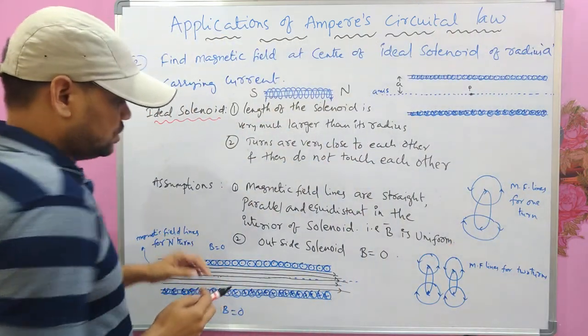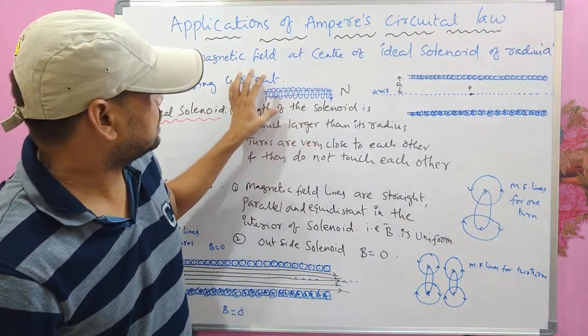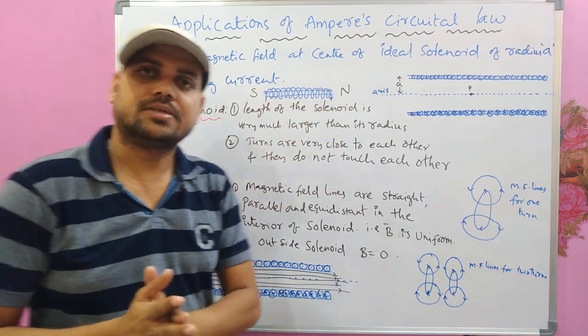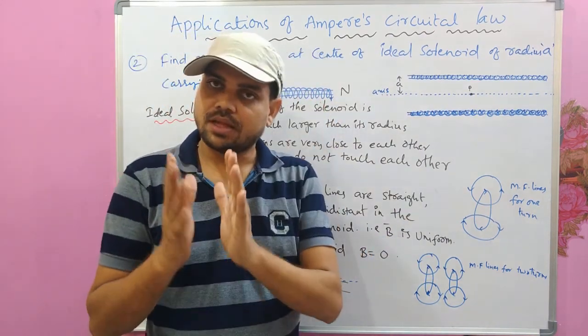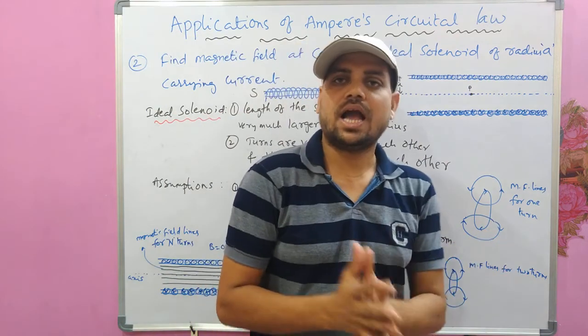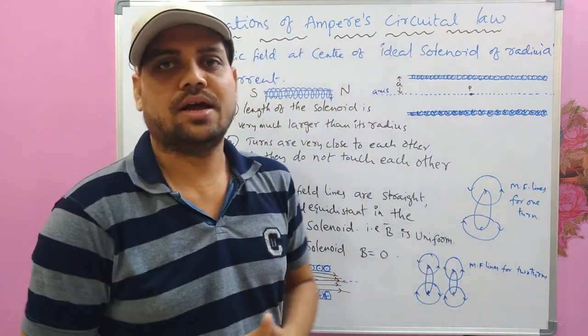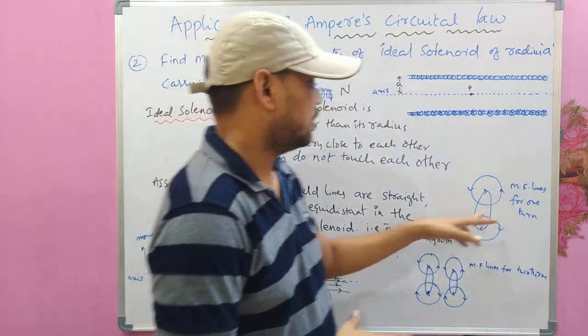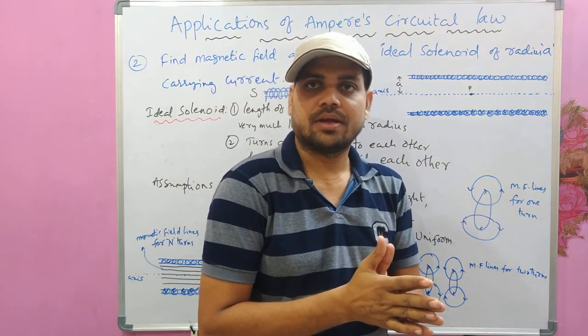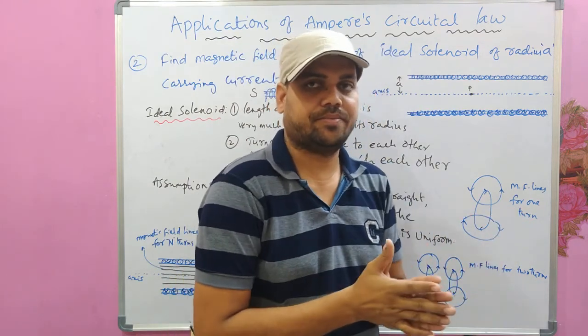Okay, so now let us take one small turn out of that solenoid and see how magnetic field lines are distributed both inside and outside that turn.